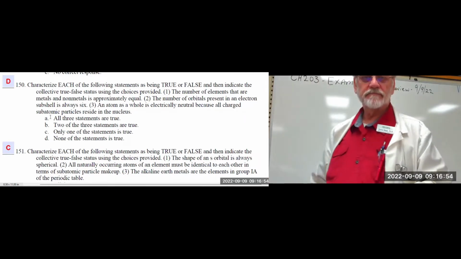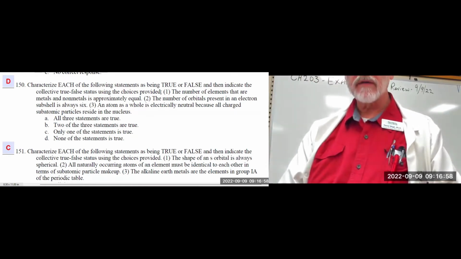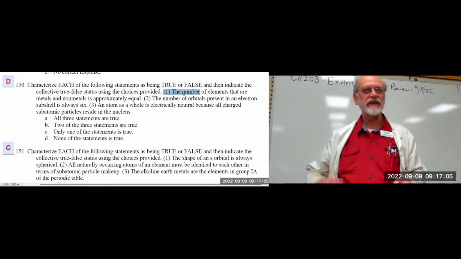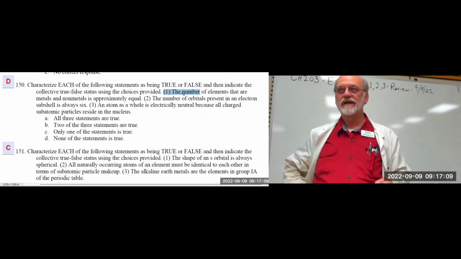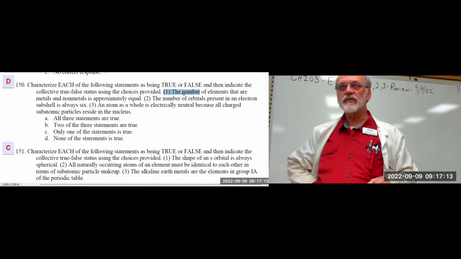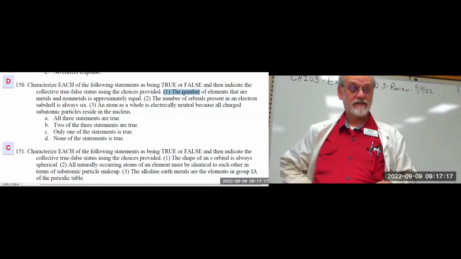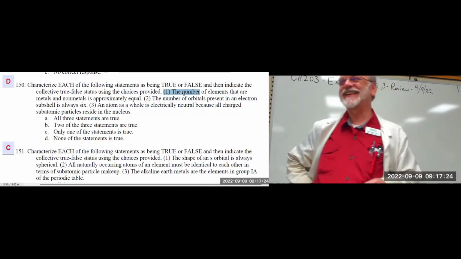So in this one, number 1 right here, the number of elements that are metals and non-metals is approximately equal. Is that true or false? False. Right. What are most of the elements in the periodic table? Metals or non-metals? No. You had a 50-50 chance.